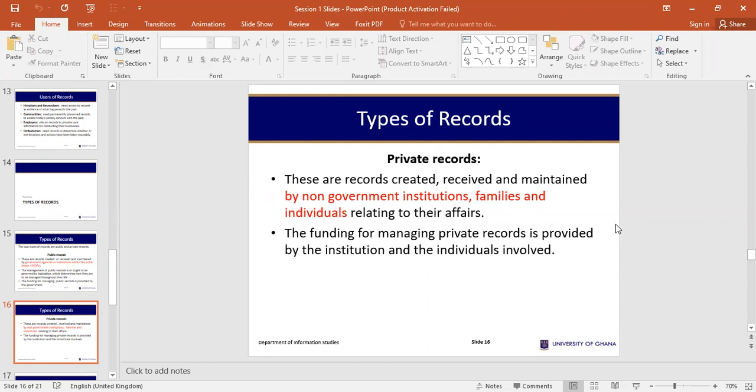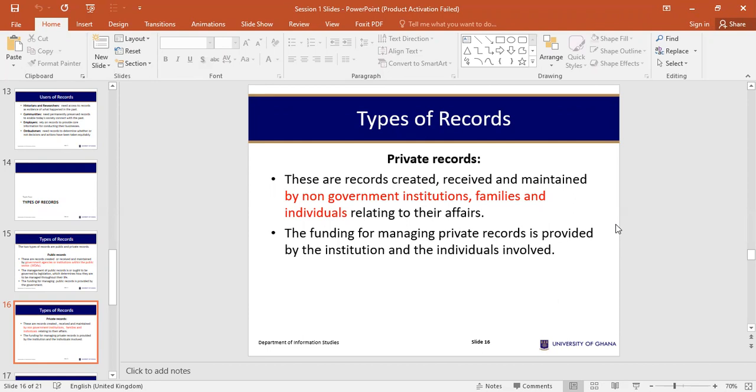In the case of private institutions, the shareholders are private individuals. They provide the capital, and the capital leads to the creation of the record, because that's what they use in setting up the institution. And they employ people, and by virtue of their work, records are generated.